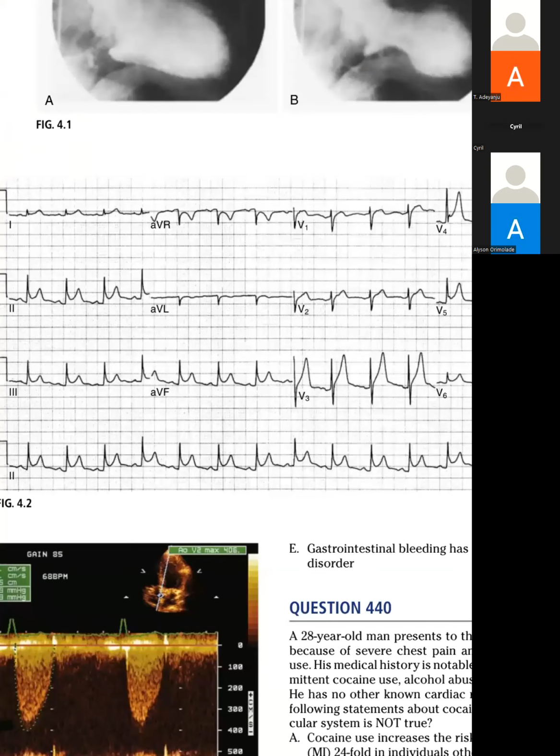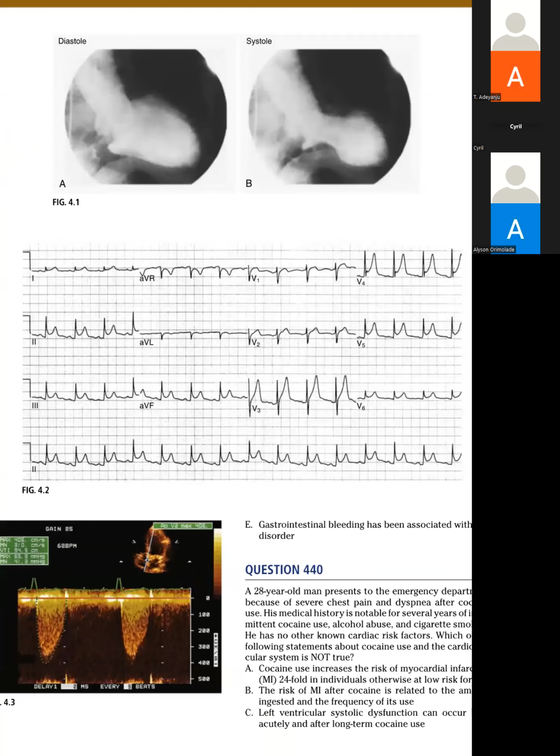Okay, so when we go to lead 1, we see that the T wave is inverted, and there is slight elevation of the ST segment.